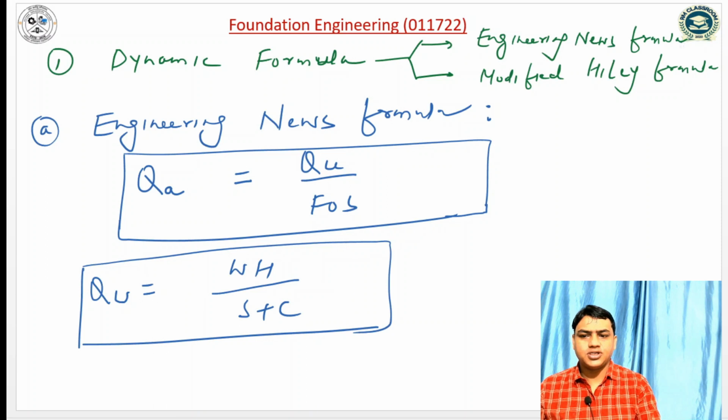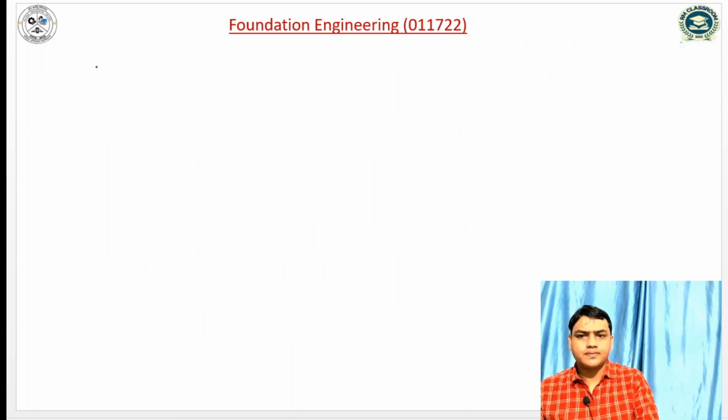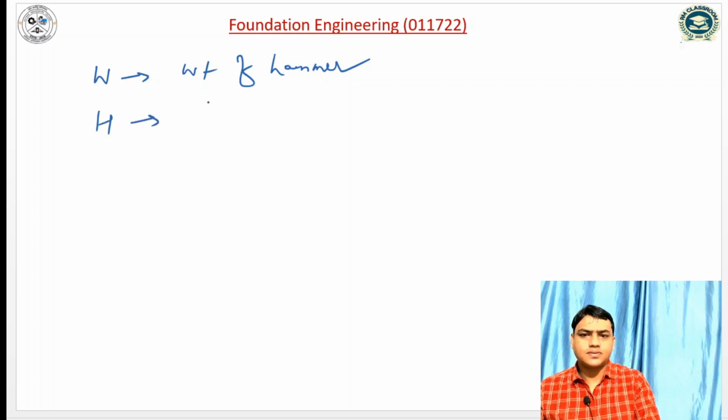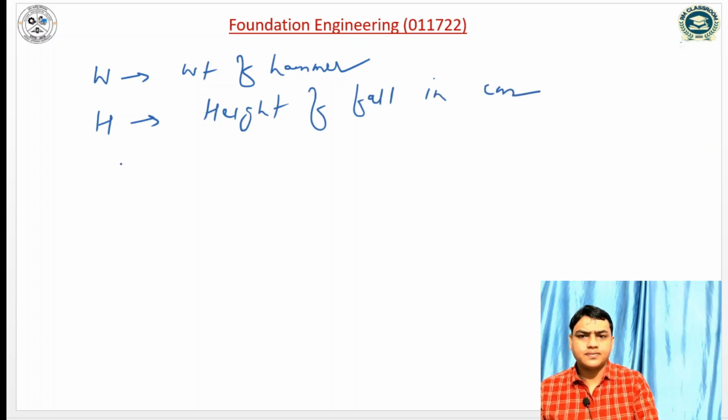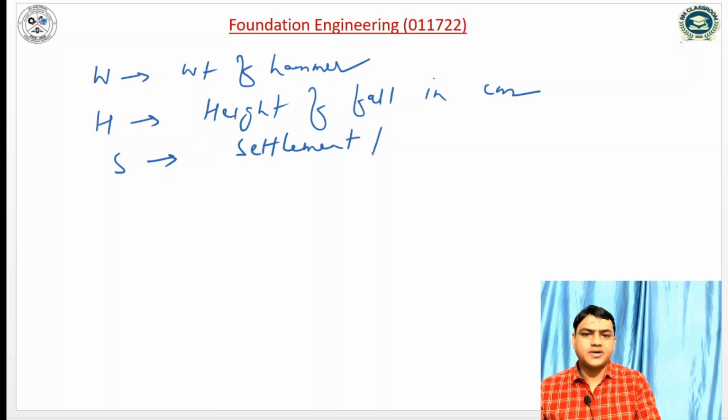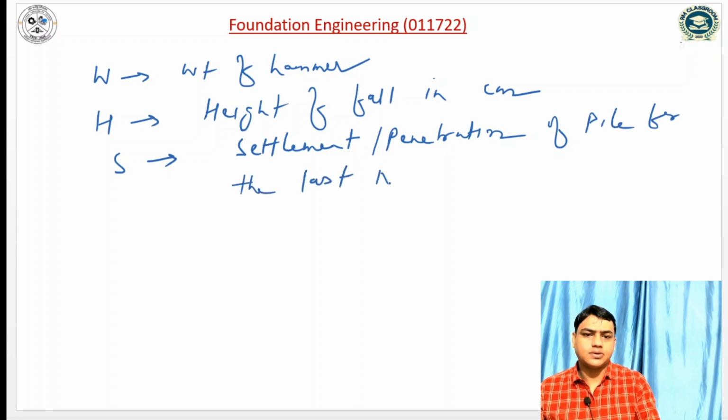where W is the weight of hammer, H is the height of fall in centimeter, and S is the settlement or penetration of pile for the last n blows.